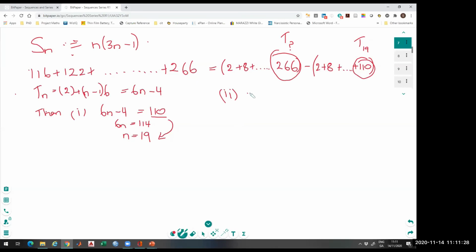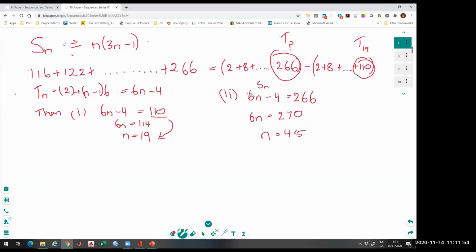So we've established term 19, and for this term we want to know what it is. So we have 6n minus 4 is equal to 266, and we need to solve for n. So 6n is equal to 270, n is equal to 45.